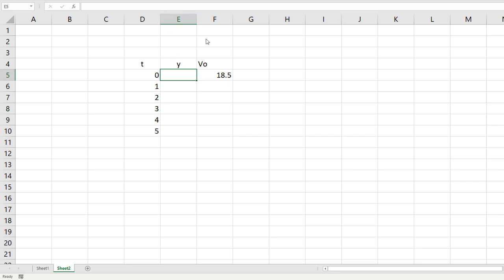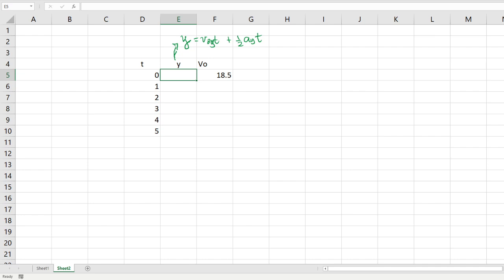Okay, so in this part here for y, the formula that we will be using is v naught y t plus 1/2 a y t squared, along the y component.